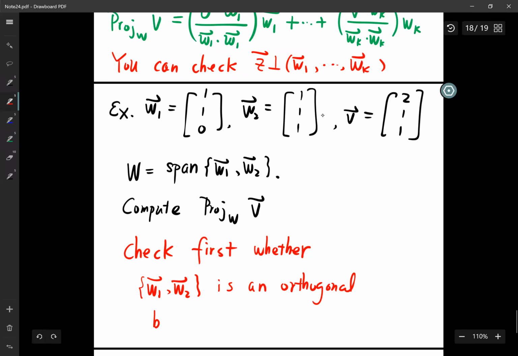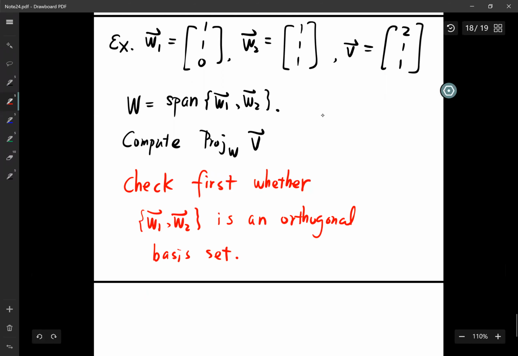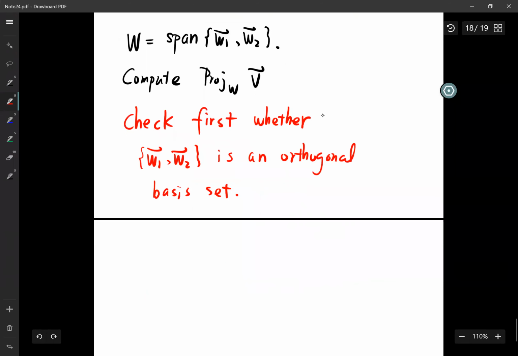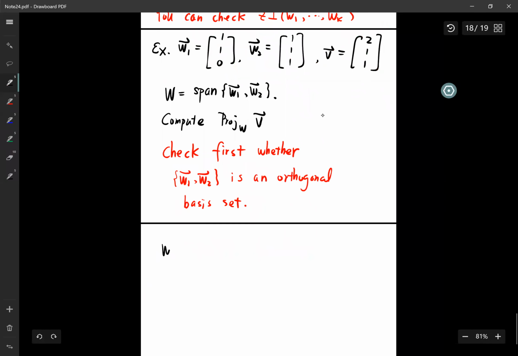Now I have two vectors, so it is really easy to do. W1 dot W2 is 1 plus 1 equal to 2. This is not equal to 0. So I cannot really use the formula before. I say, okay, I got stuck.